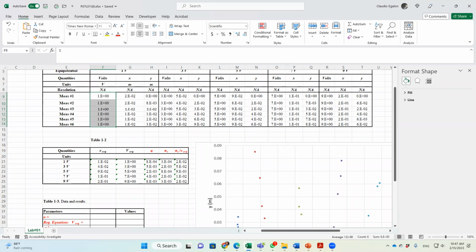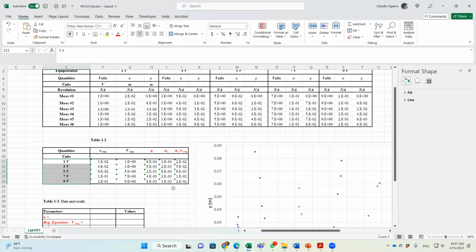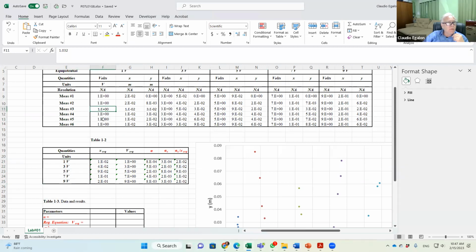Okay, it's okay to leave that. It depends on what you have. Do you have 2, 4, 6, 8, and 9? Yes. Okay, so it should be 2, 4, 6, 8, and 9 here. This group of students measured 1, 3, 5, 7, and 9.